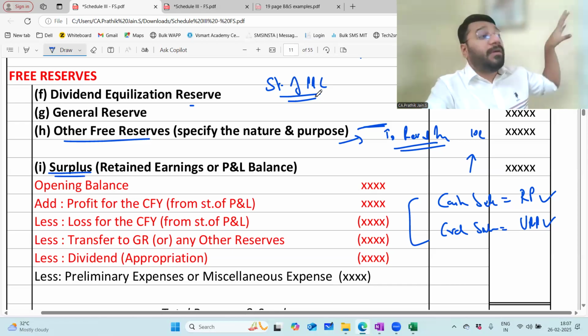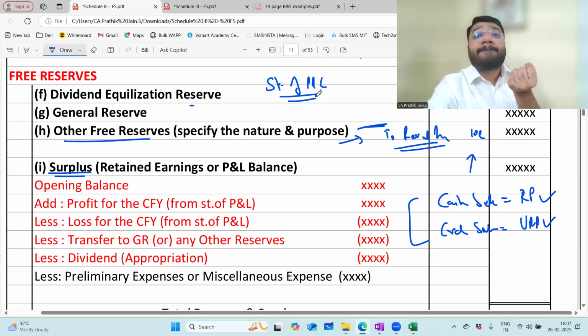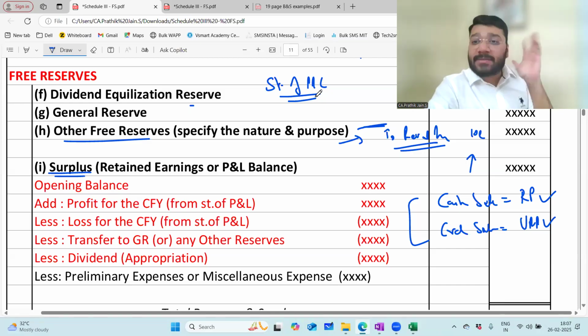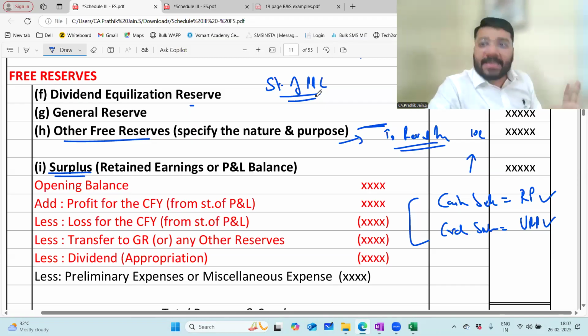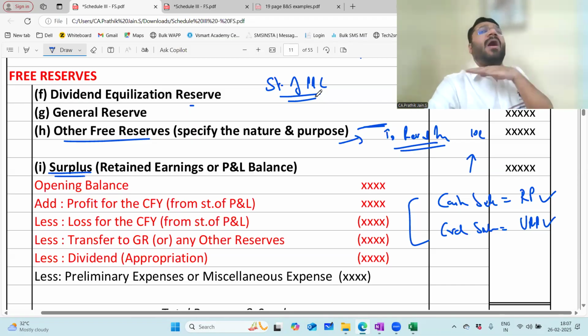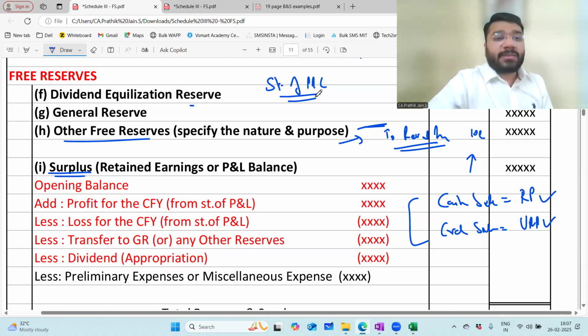Once you pay all the items of appropriation, the balance which is there in the P&L account is called surplus. Those who do not understand this point, don't panic. We'll be discussing the cash flow statement one more time when I do AS3. At that point of time, I'll teach you what is surplus, where we'll do the entire P&L one more time. So basically, whatever is the last profit of the P&L account, we term as surplus.